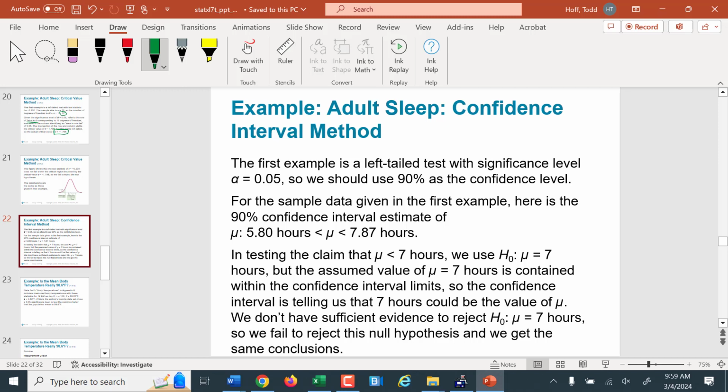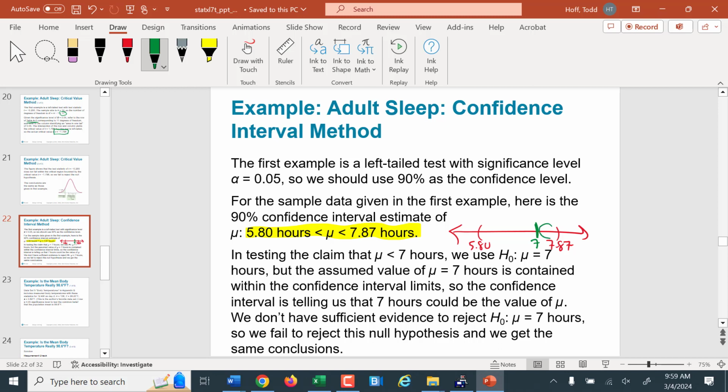So we're saying we're 90% confident that the average hours of sleep that a person gets in a night is between those numbers. Now, again, if we're looking at a range, 5.8 to 7.87, 7 hours is in that range.